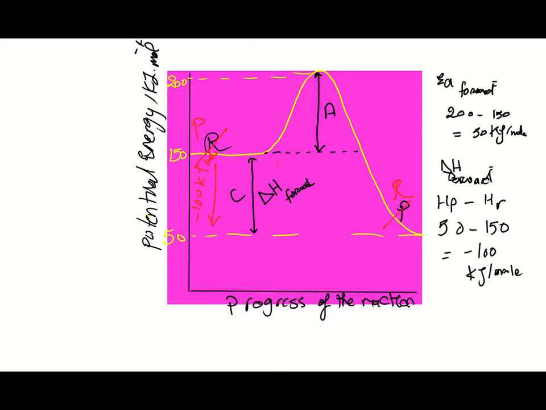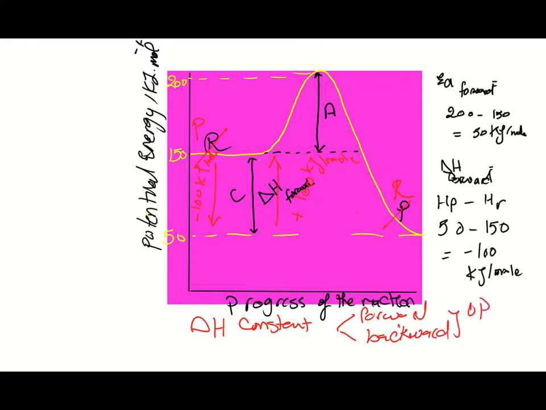And the delta H for the backward reaction from reactants to products will be the same thing but with the opposite sign, positive 100 kilojoule per mole. So the value of delta H is constant, whether the reaction is forward or backward, but we have an opposite sign.